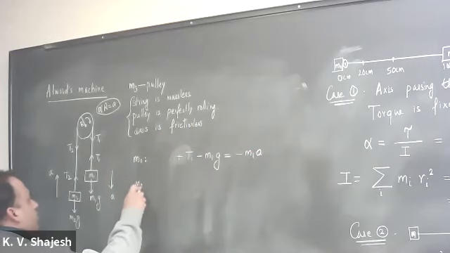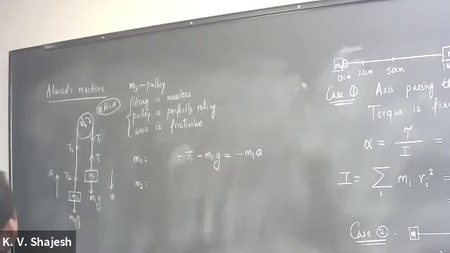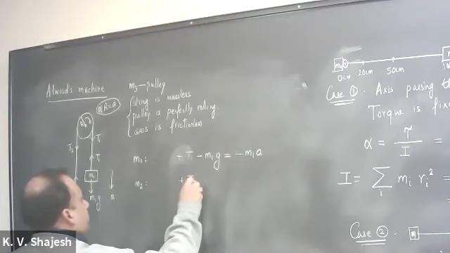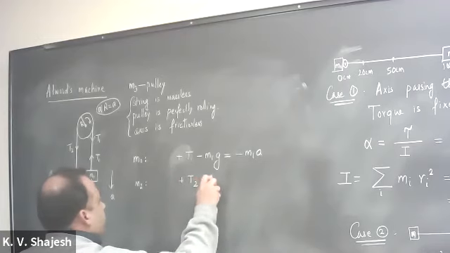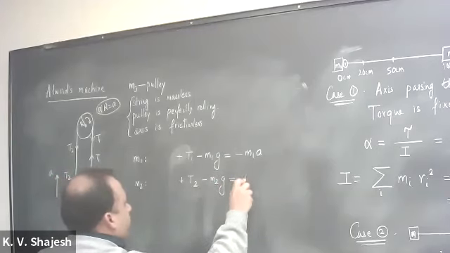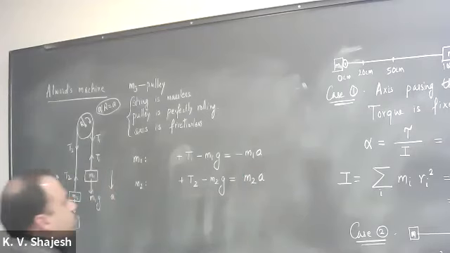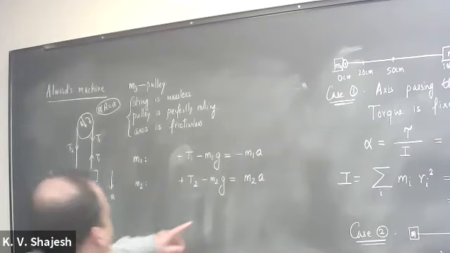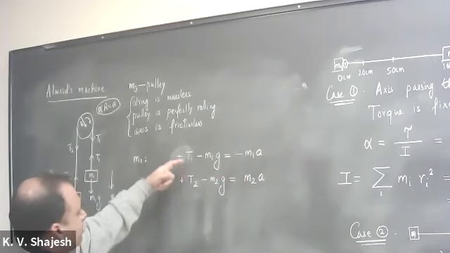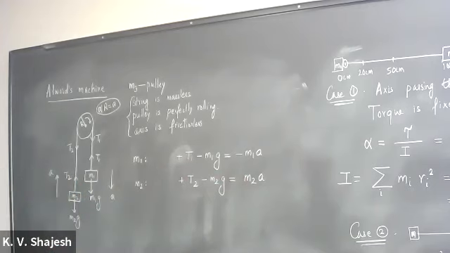What about M2? M2 is plus T2 minus M2G, and that's equal to M2A, since it's going upward. Those were the two equations we were using earlier to calculate the force of tension and the acceleration. And remember, the difference here is that T1 and T2 are not the same. In the earlier analysis, when the pulley was massless, it was the same tension.